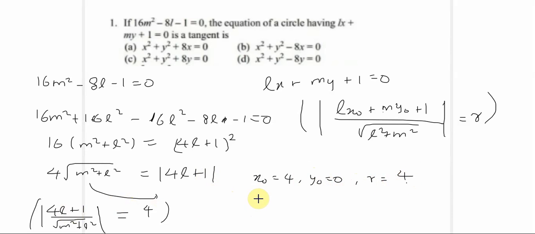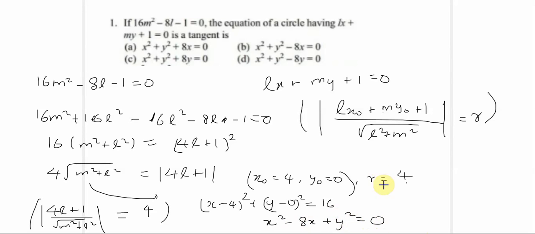So that gives us a circle with center 4, 0 and radius equal to 4. X minus 4 whole square plus y minus 0 whole square equal to 4 square, which is 16. Now if you expand this, you have x square minus 8x plus 16. 16 cancels out on both sides, so what you're left with is this. This is option B.